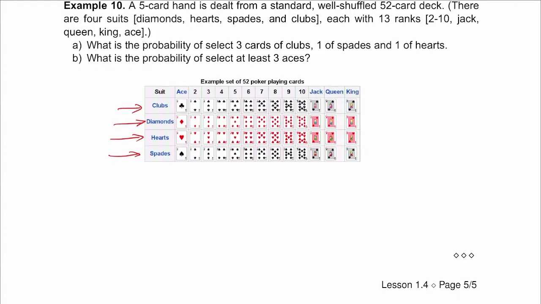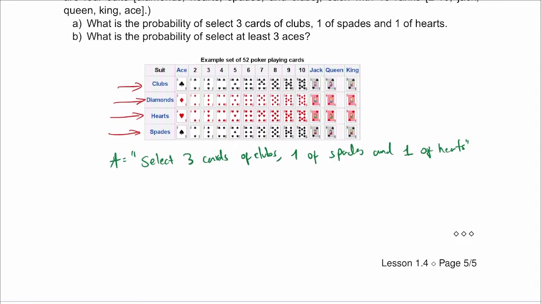Well, basically, if we let our event of interest, let's say A, be selecting 3 cards of clubs, 1 of spades, and 1 of hearts, the probability of A is going to be, we have in the denominator the total number of outcomes without conditions.